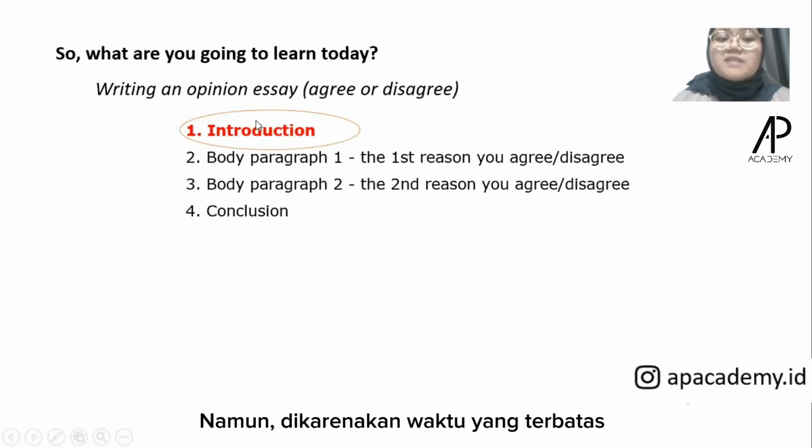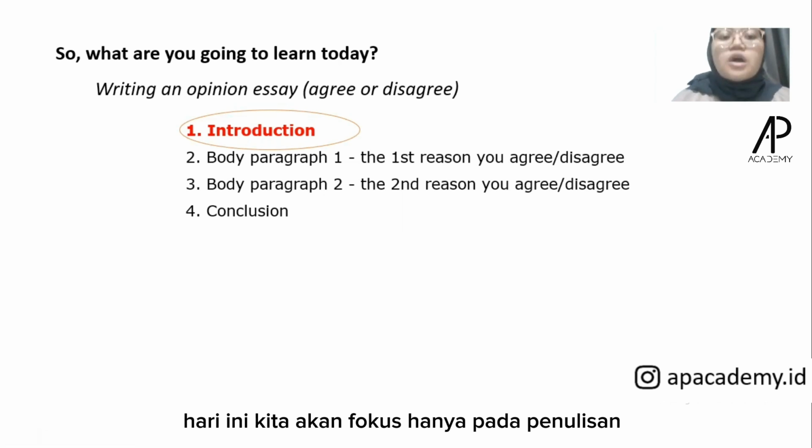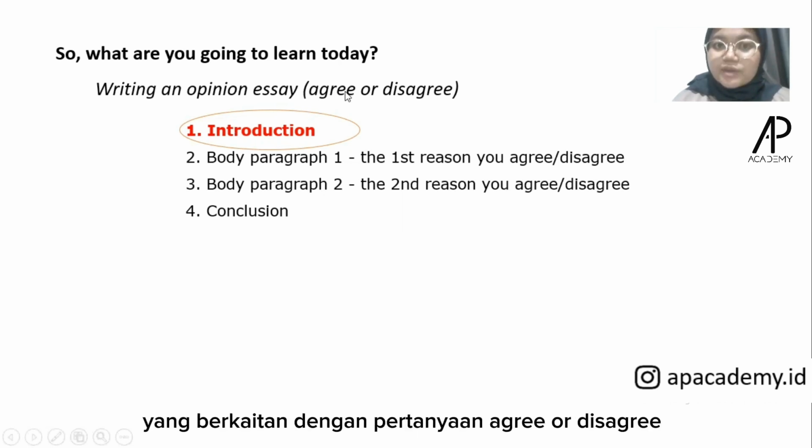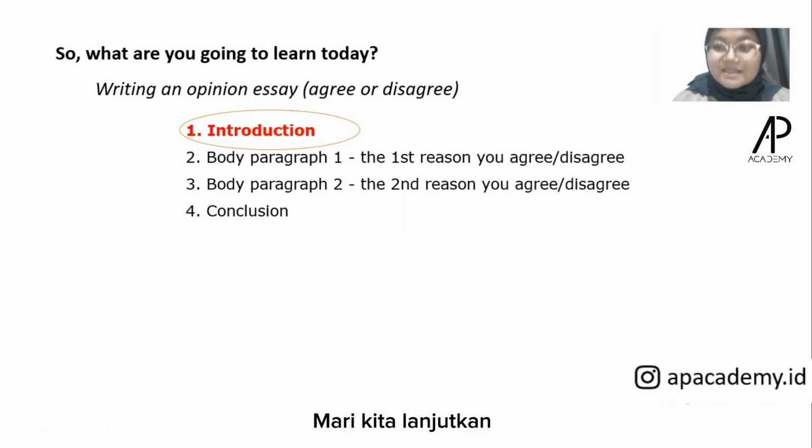However, because of the limited time, today we are going to focus only on writing the introduction paragraph of an opinion essay dealing with an agree or disagree question. Is it clear? Let's move on.